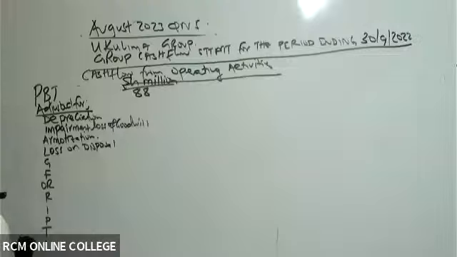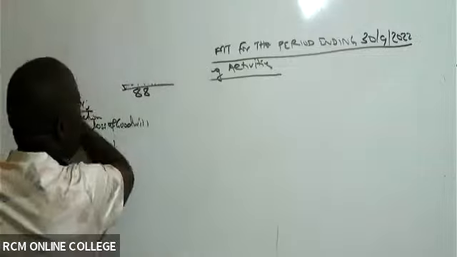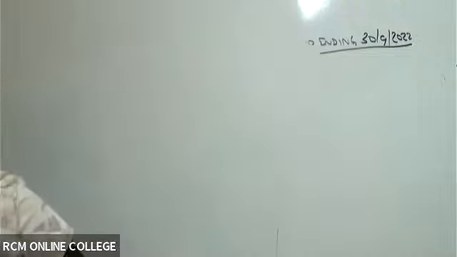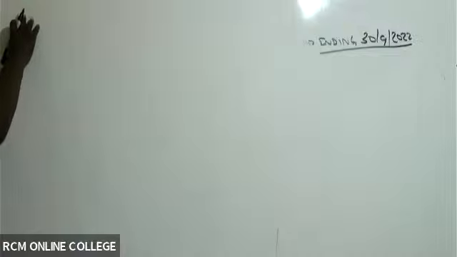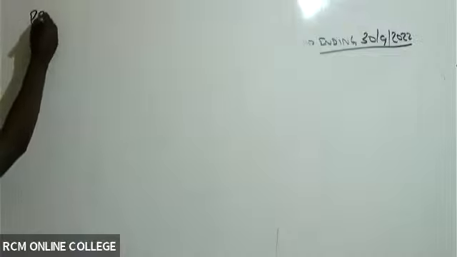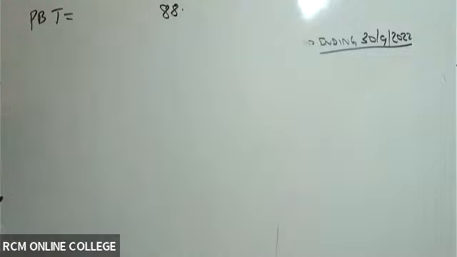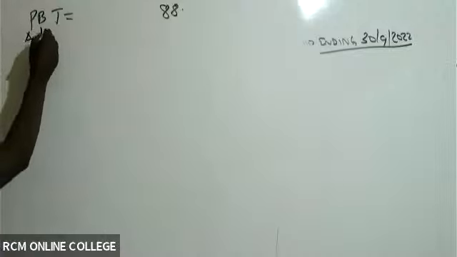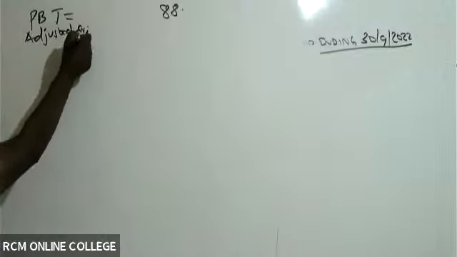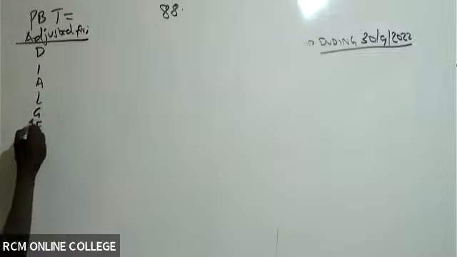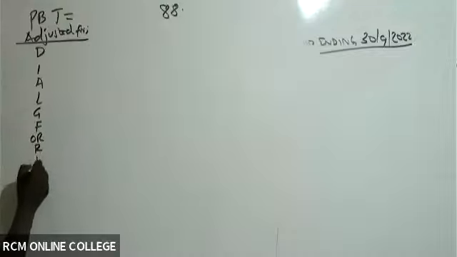Let me just write this. So we have here our profit before tax of 88 million, and then we are saying adjusted for. We have here dial, God's number for food, or you rest in peace totally, indefinitely.